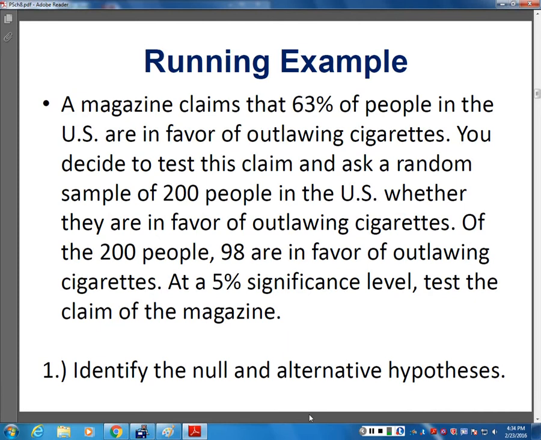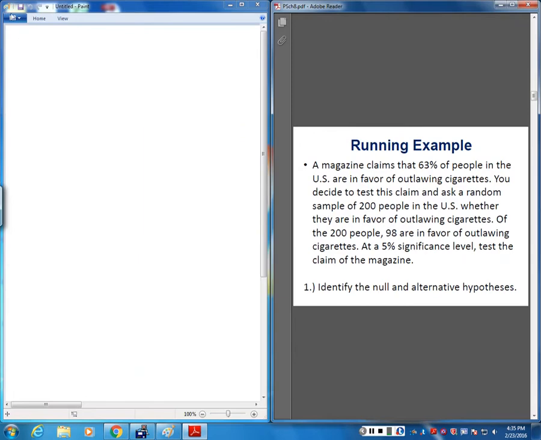Let's go back to our running example. We'll identify the null and alternative hypotheses. To label the hypotheses, I use H sub 0 for the null and H sub 1 for the alternative.